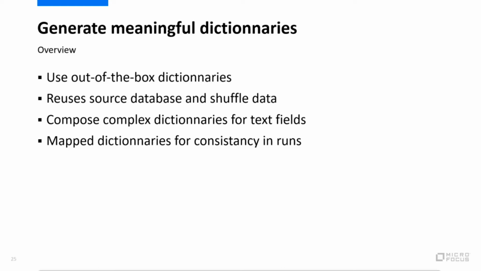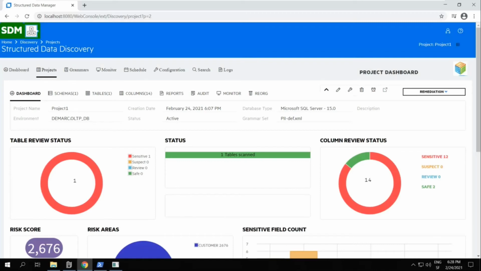We will then see how we can compose more complex dictionaries, for example, for comment fields with a combination of words and dictionaries and so on. And finally, we will see how we can map dictionaries in order to ensure the consistency in the runs and across databases.